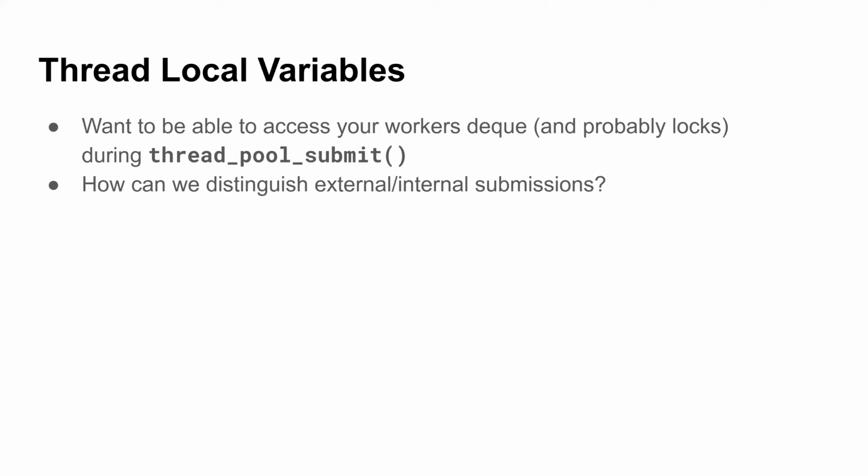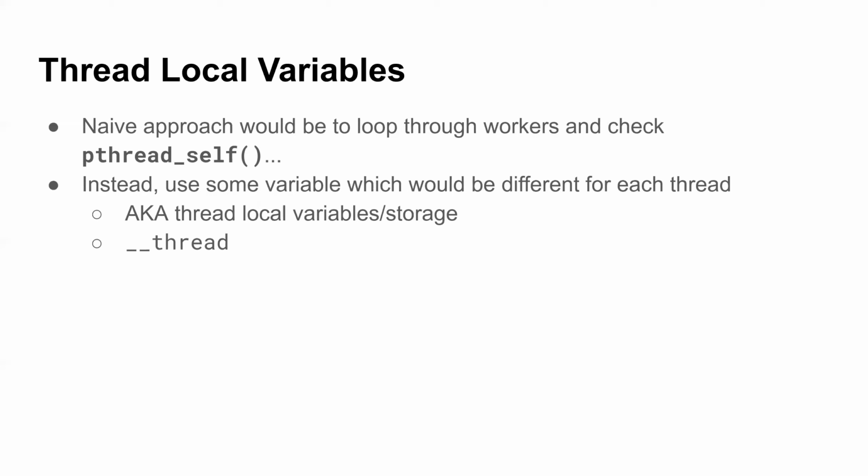As I talked about before, we have thread local variables. We want to be able to access your worker queues and possibly locks from within any function, especially during thread pool submit. So this is how we can basically distinguish between external and internal submissions. And as it said here, the naive approach would be to loop through each worker and check pthread self.